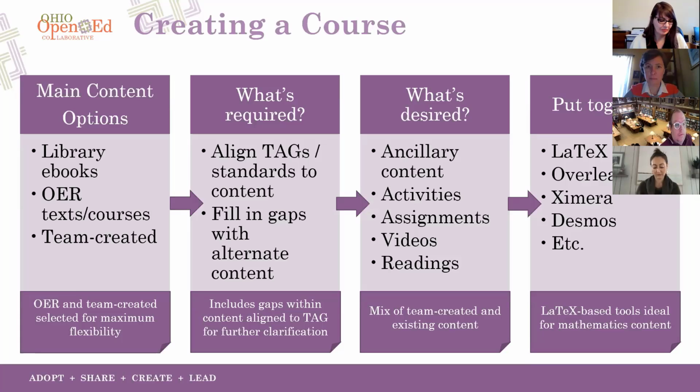So those were used to say, hey, we want to make sure all these topics are covered in these classes, which didn't mean that you couldn't include other things, but those were like the essentials. And what content we found that didn't align to the TAG, so if something was missing in a particular OER that was chosen, alternate content was pulled in.